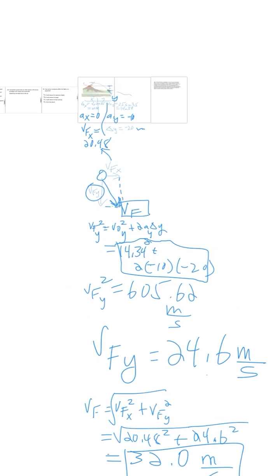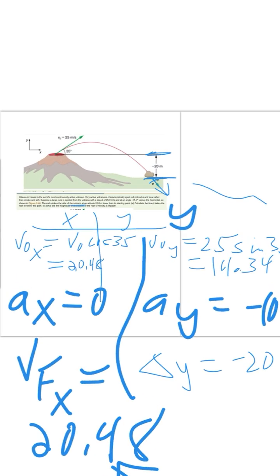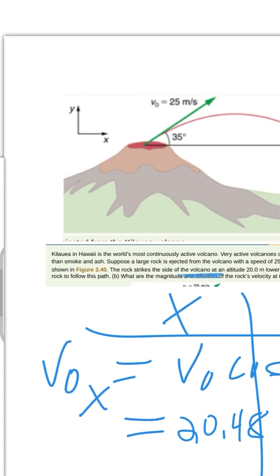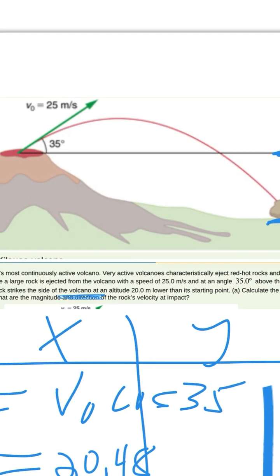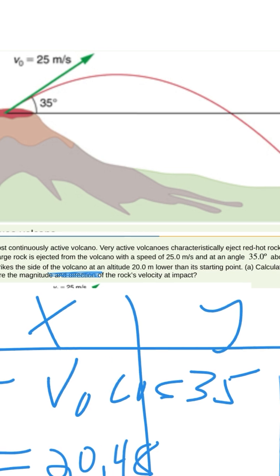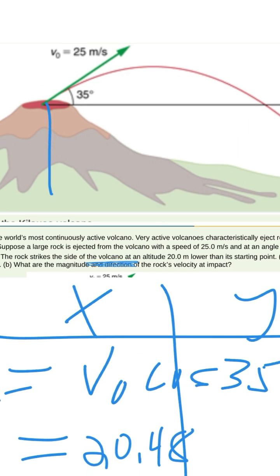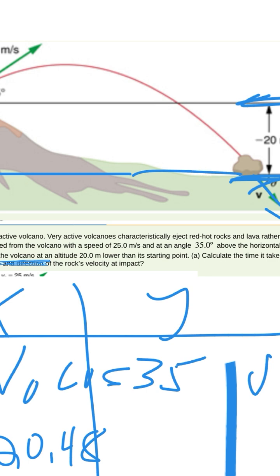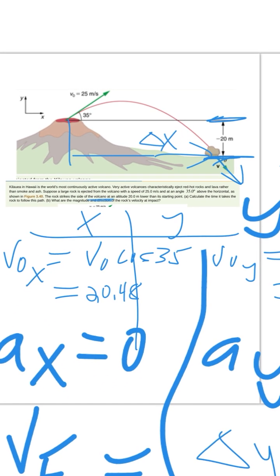Okay, if I wanted to find the range, from here to there, I'd have to find the time using the y values, and then I could find the delta x.